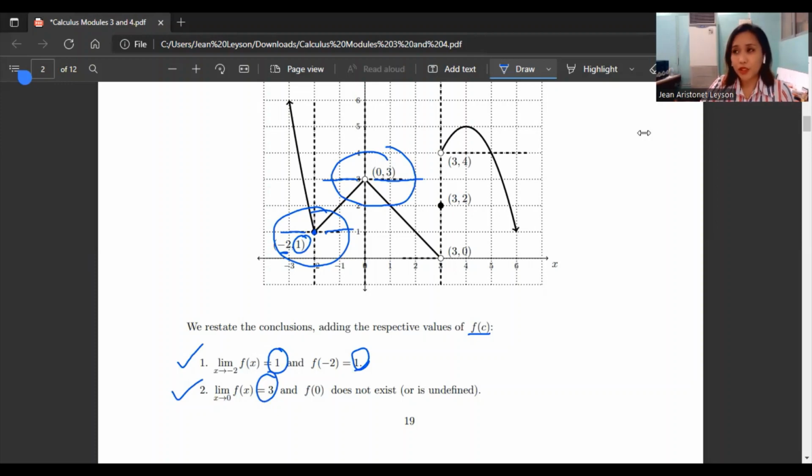If you can still remember from your junior high school discussions, whenever you see this open circle right there, that means that that point is excluded. It's not included in the set of values of the function. So at f of 0, the function does not exist or is undefined.